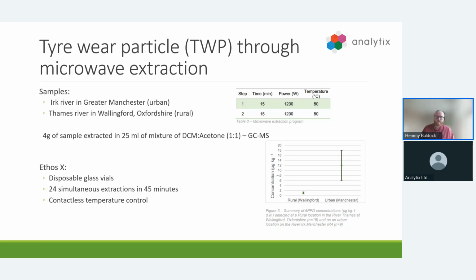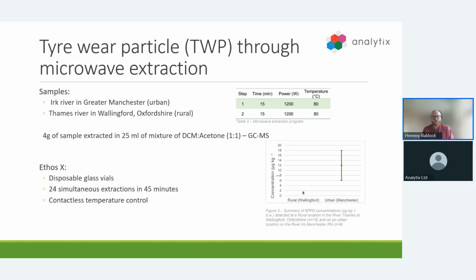This case study highlights how the use of the Ethos X with FastX24 rotor, with all its unique features that we've discussed today, makes for an innovative solution for extraction of a wide range of analytes and additives from soil and sediments for environmental testing labs. The quantity of sediment, due to the capacity of the glass vials we've discussed, can be increased or decreased in a range of 2 to 30 grams of sample, enabling detection of analytes on trace or ultra-trace levels.